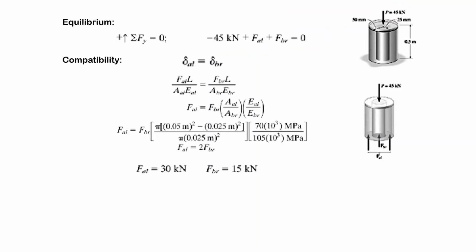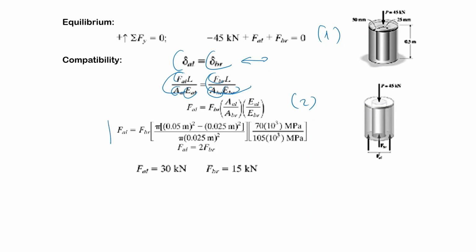So both aluminum and brass should be shortened at the same level. So I write down the delta values using the forces, the areas, and the elastic moduli, and then I have a second equation. The first equation, second equation, and two unknowns.